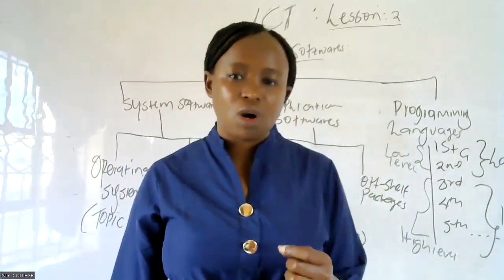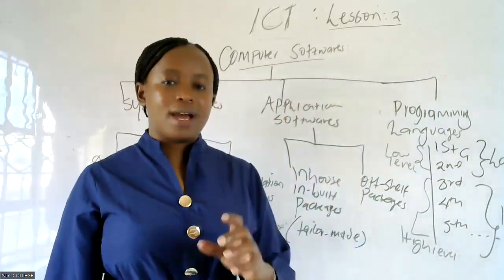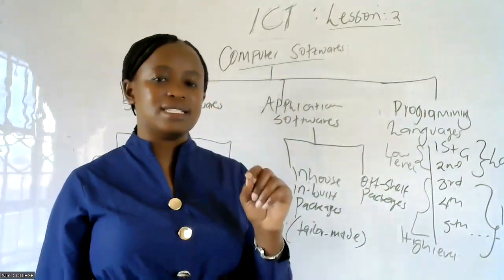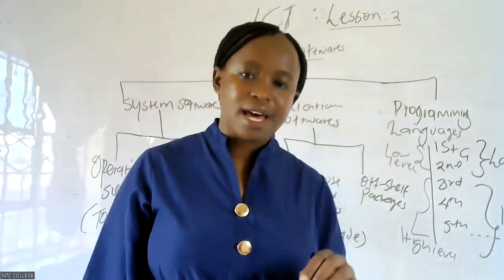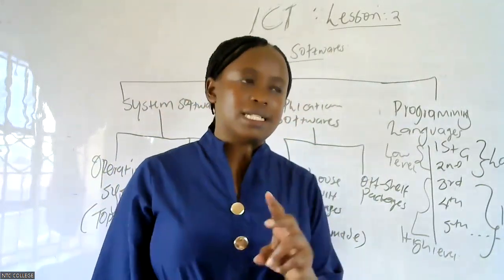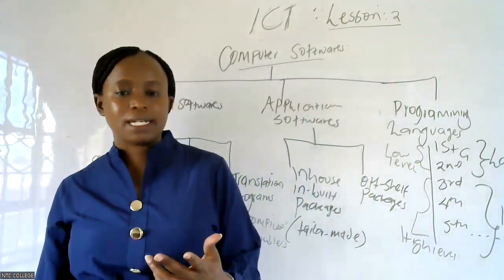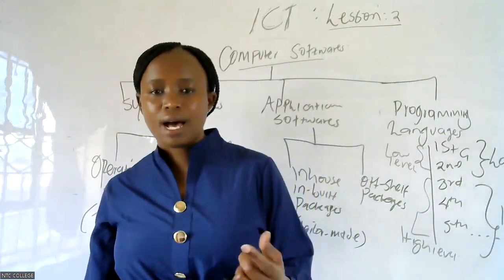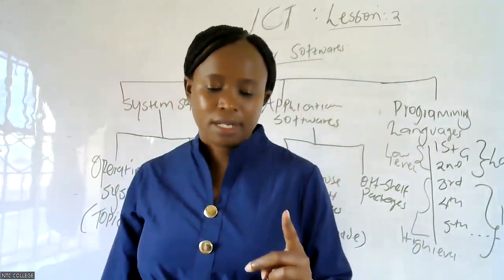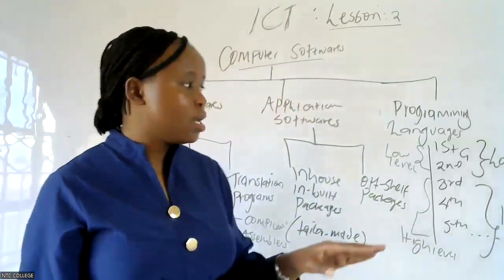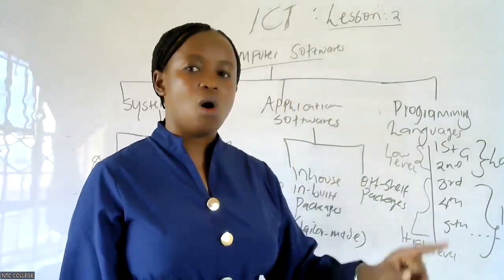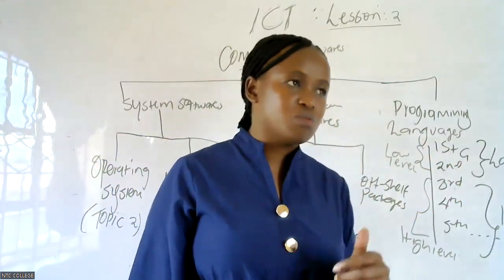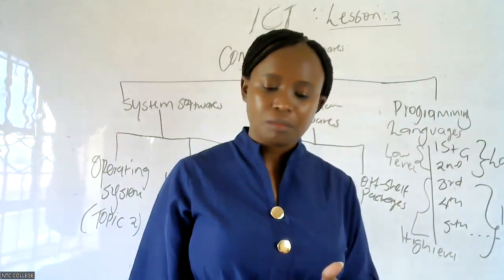And what is the language of the machine? Whether it is digital or analog, the language of the machine is in digits. There are only 2 digits applicable when it comes to machine language. That is the 0 and the 1. 0, 1. Those are the 2 digits that were used to develop the first generation of programming languages.